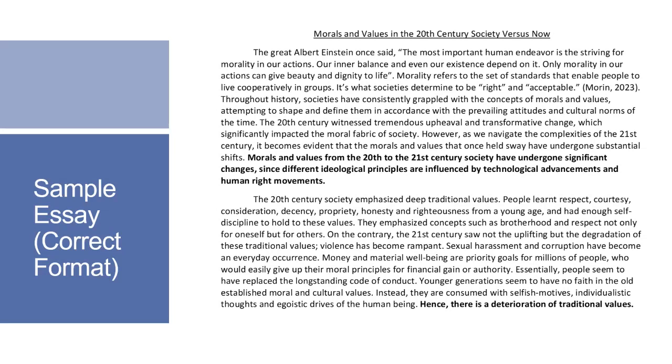Let's look at the first body paragraph. Here we have the topic sentence and the supporting details. And here we have the concluding sentence being highlighted. Remember that your body paragraph must have a topic sentence, it must have supporting details, and the body paragraphs must have a concluding sentence.